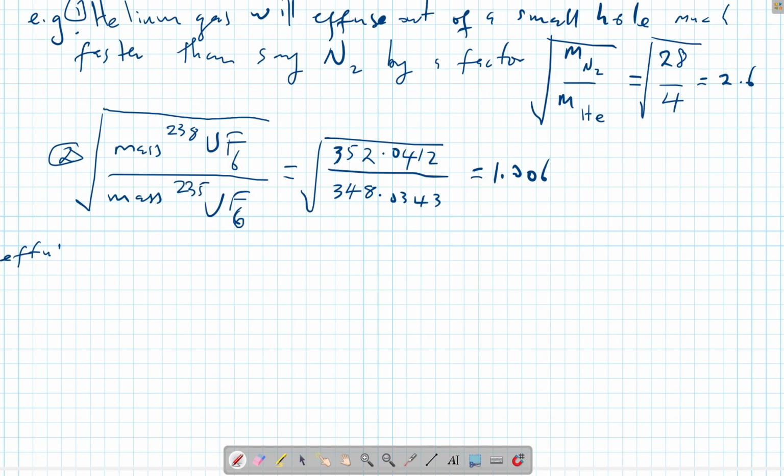Sorry, effusion rate is going to be number of molecules per time, so we multiply the flux by the area of the hole, this kind of molecule escape rate, and one can use this somehow to measure the pressure of a gas, or the pressure of a vapor, of a gas vapor.